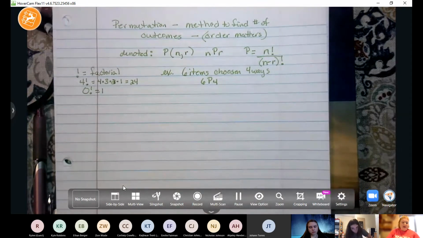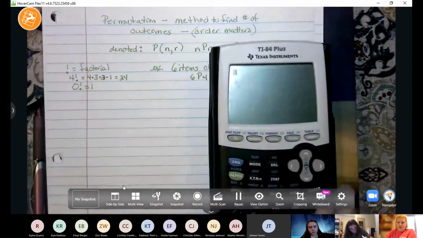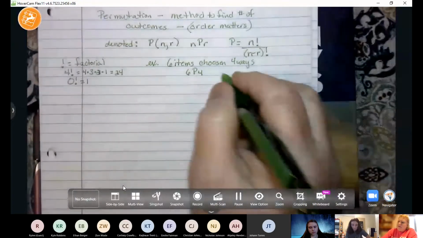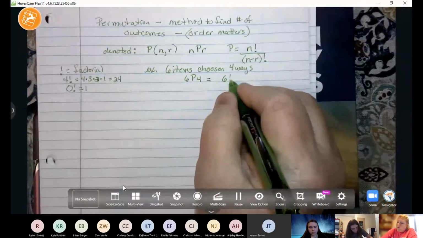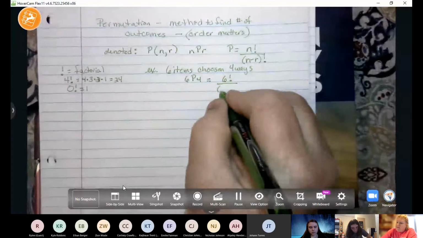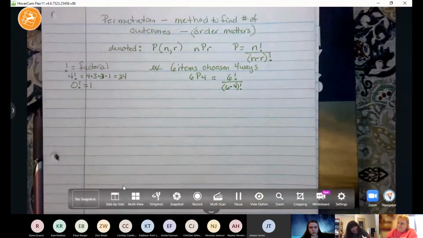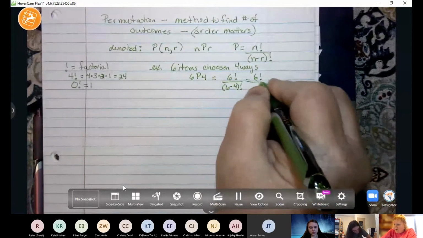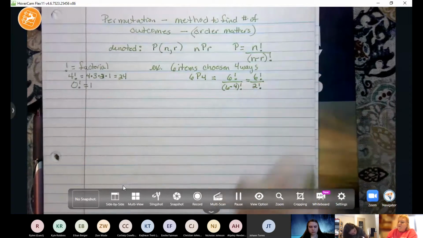Now, I don't have a TI-30 calculator, but I have a TI-84. So I'm going to show you this calculation on the TI-84. Let me first set it up in the formula. If you don't have a calculator, you're going to have to do it the long way. So that just means we're going to do 6 factorial over 6 minus 4 factorial, which means we have 6 factorial over 6 minus 4, which is 2 factorial.